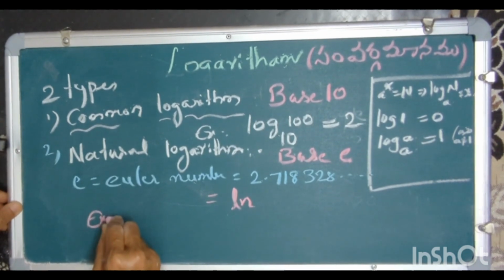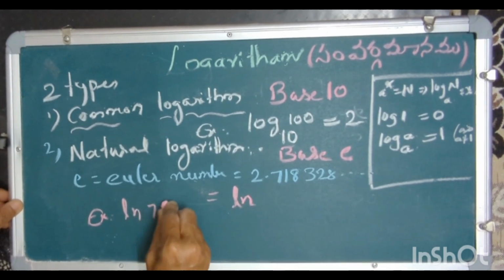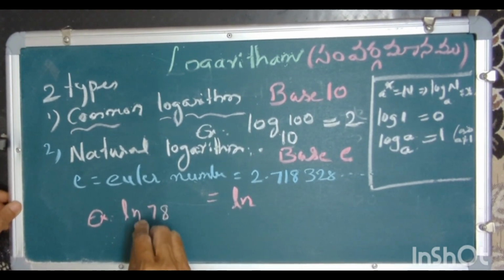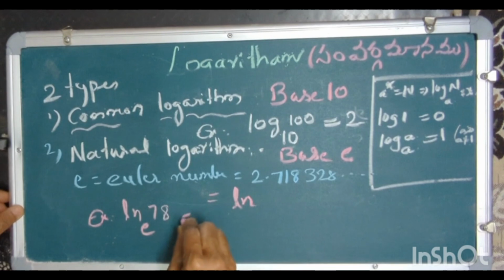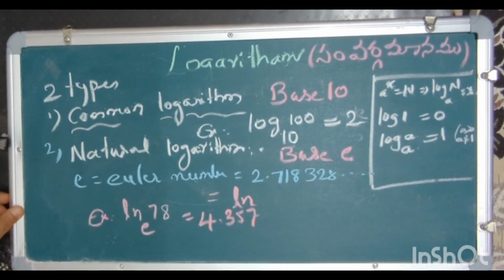సపోజ్ ఫర్ ఎగ్జాంపుల్, 78 base E is equal to 4.357 అనుకో. అంటే ఏంటి?